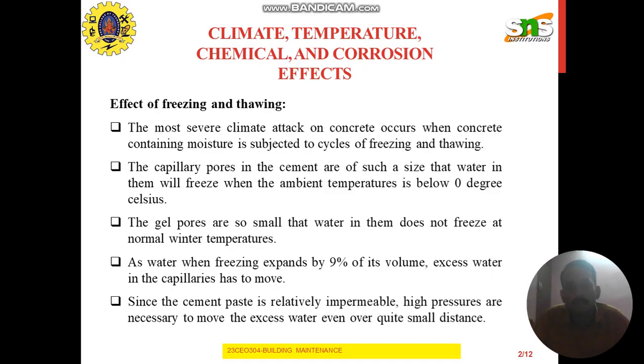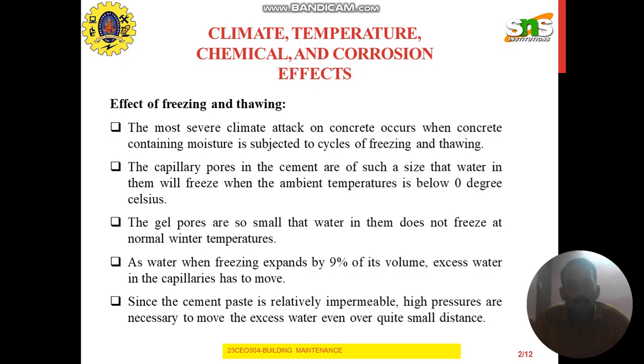Thawing refers to the changes in temperature which cause contraction in concrete. So what happens during freezing and thawing is the gel pores which contain water freeze at a particular temperature during winter season.